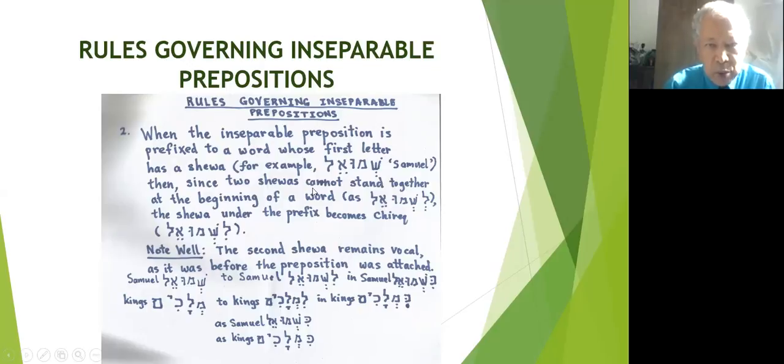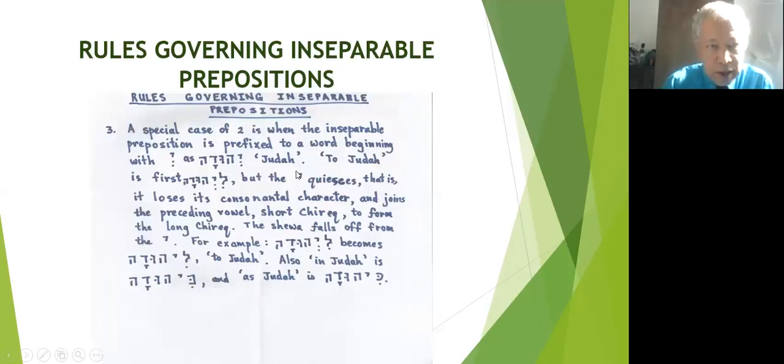So since two schwas cannot stand together at the beginning of a word, when you have a noun beginning with a simple schwa, then the simple schwa under the inseparable preposition, whether it is lameth or beth or kaf, is changed to the short hirik, which is the short I sound.